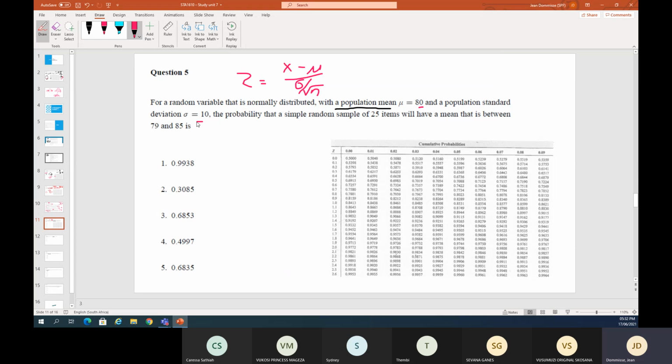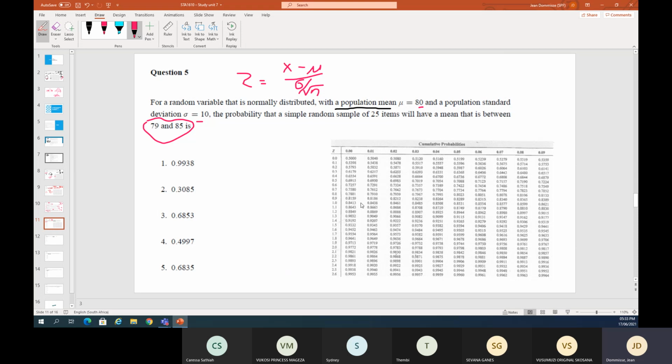Standard deviation, we have that. Probability that a simple random sample of 25 items will have a mean that is between 79 and 85. Okay, so this is now interesting.